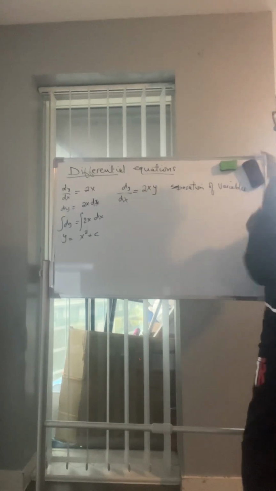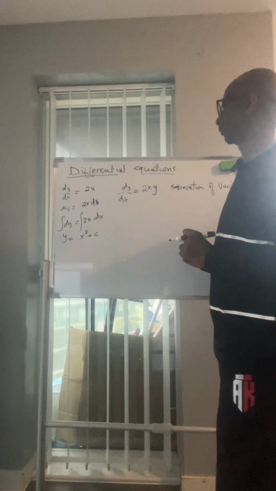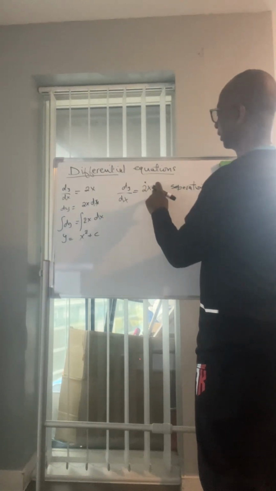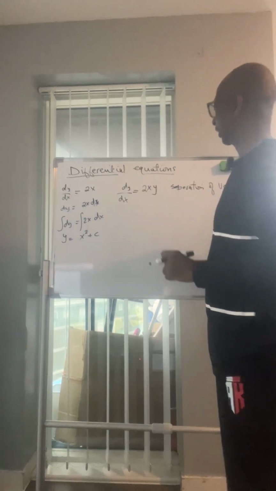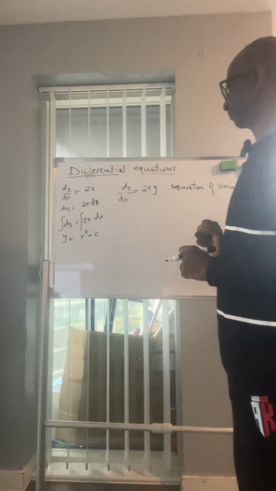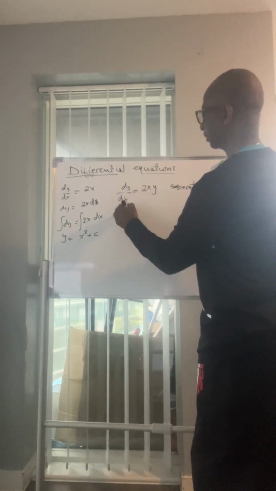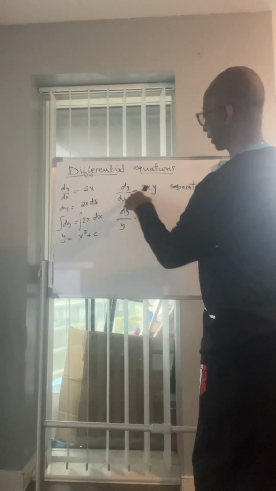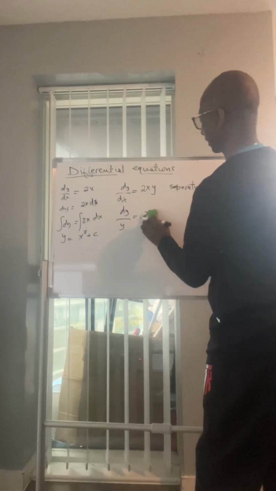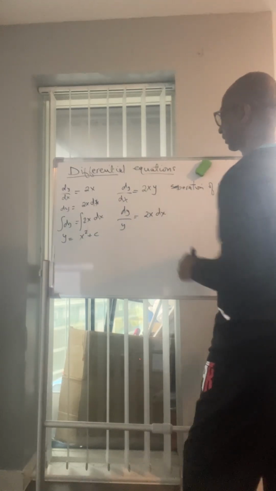How do you do this? You have the y here. You want to bring this y next to the dy. You have x here. You want to bring the x next to the dx. So you have dy divided by y, and this y now goes down, and you have 2x dx.